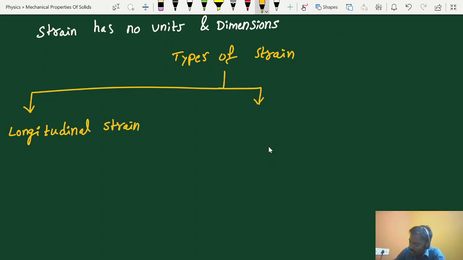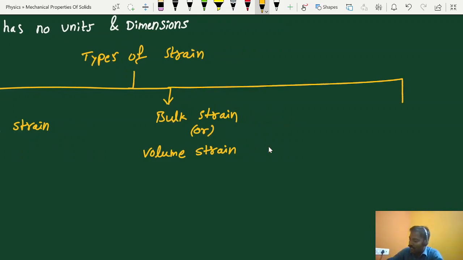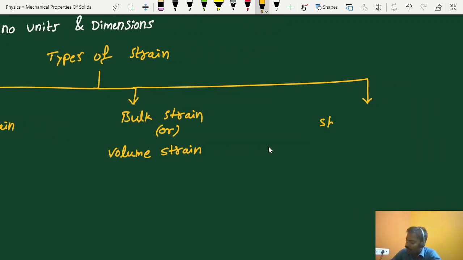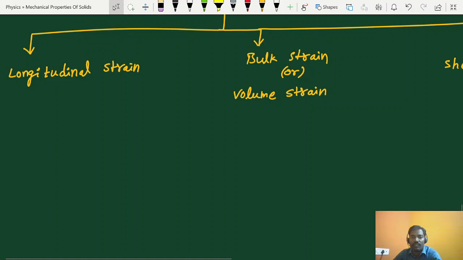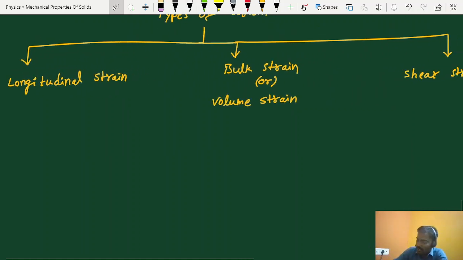Next one is bulk strain or volume strain. And the third category is shear strain. Same logic. Depending on how the force acts on it, we have different types of strain. So first let us talk about longitudinal strain.